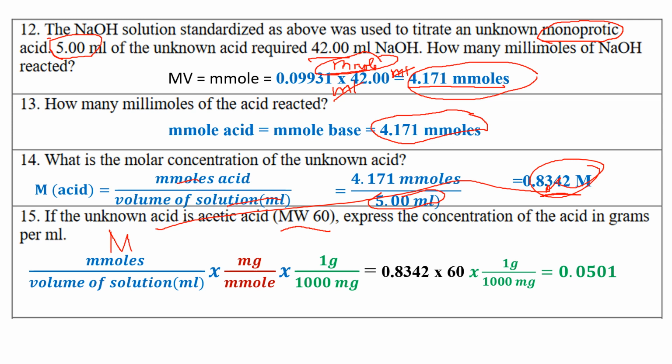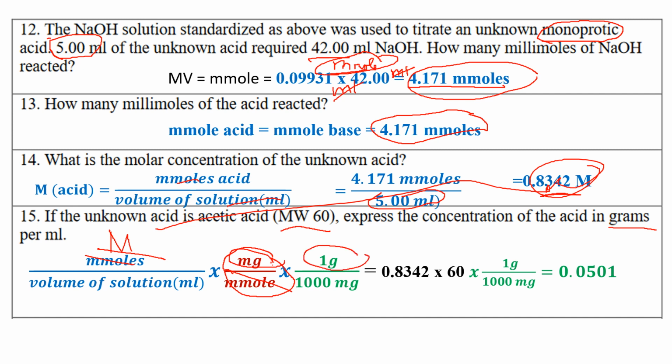You simply convert this. Millimoles, i-convert natin yan to milligrams per millimoles. Ito yung conversion factor para yung millimoles ma-convert to milligrams. So the millimoles unit will cancel out. Ang maiiwan ay milligram. Pero ang hinihingi dito kasi in grams. So hindi tayo titigil sa milligrams, gawin pa natin yung gram.